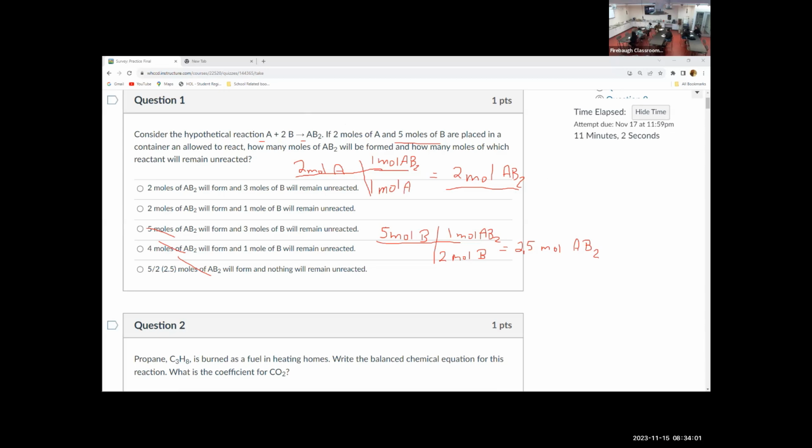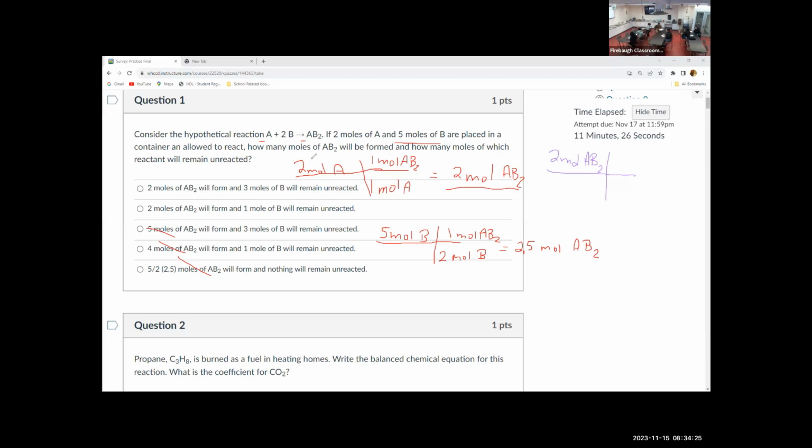I'm going to put it in a different color. So if I have 2 moles of AB2, then how many moles of B will I need to make that?